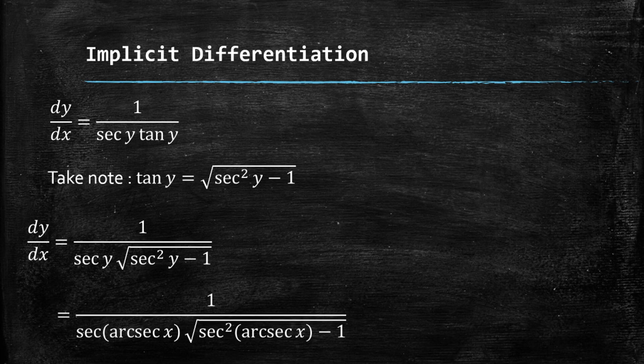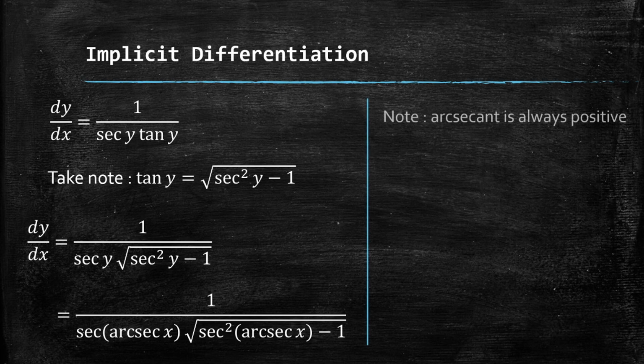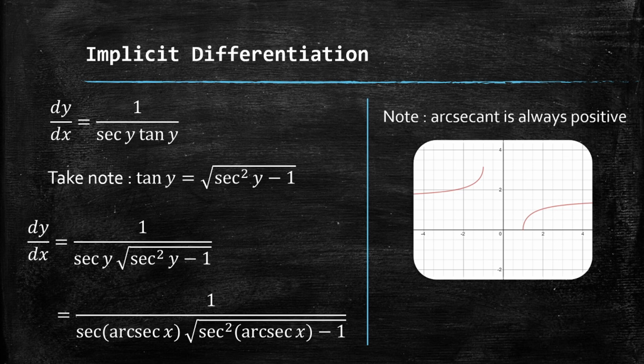then we'll get this. Okay, so we substitute the value of y so that it's already with respect to variable x, and take note that the secant of arcsecant rather is always positive. So again take note that the arcsecant is always positive. This is the graph for you to look at.